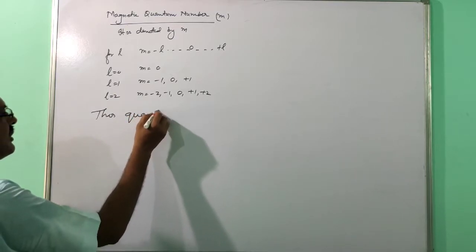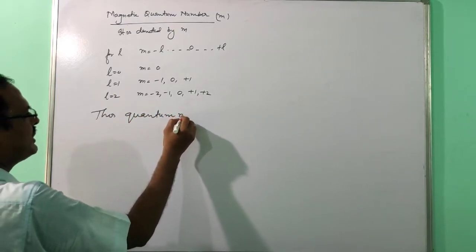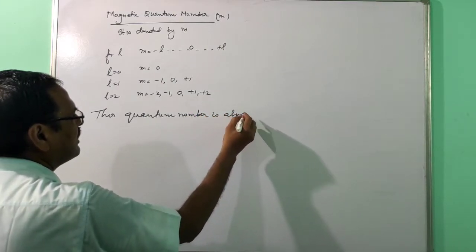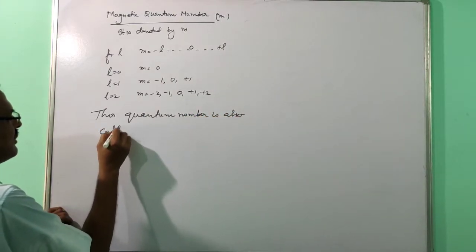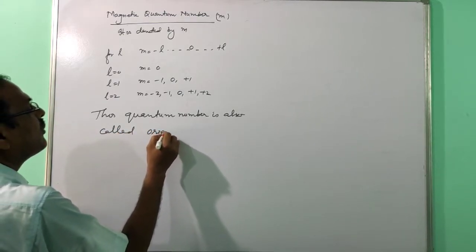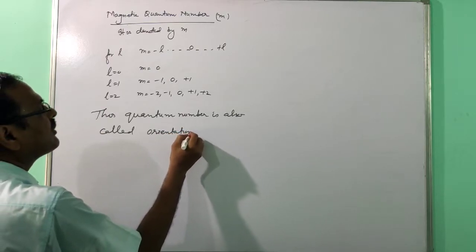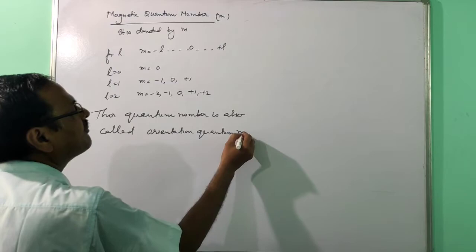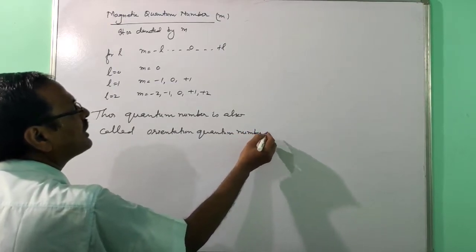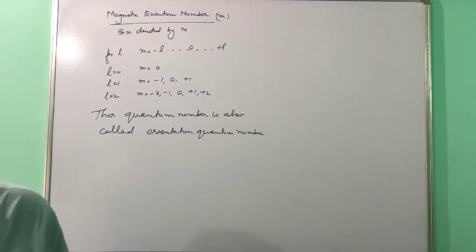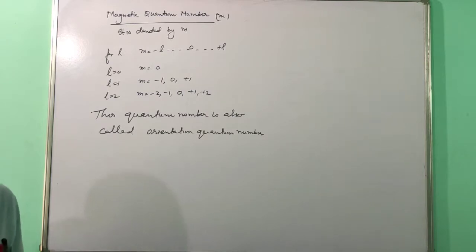This quantum number is also called the orientation quantum number because it tells the distribution of electron cloud in space.